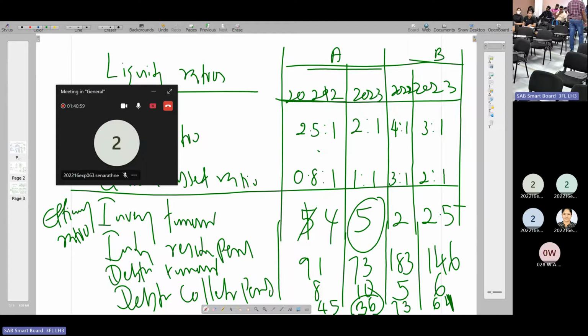The creditors value should be comparatively higher, giving a lower creditors turnover ratio. Next, the creditors settlement period.